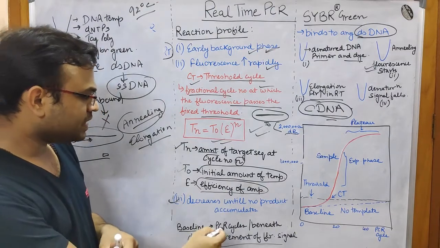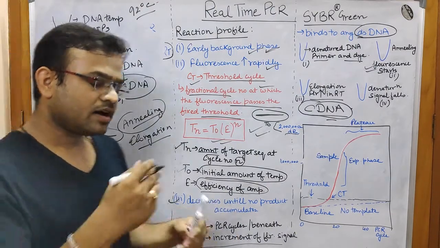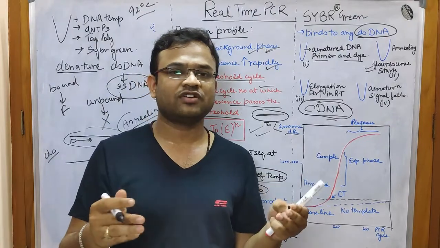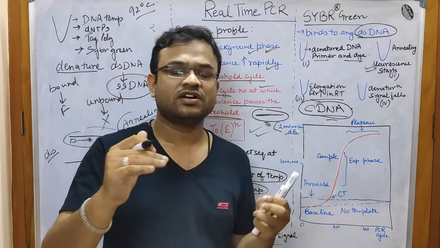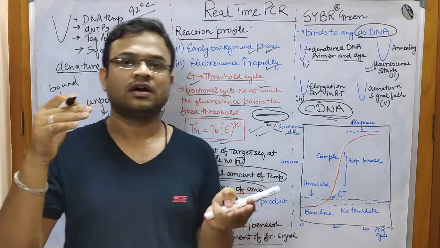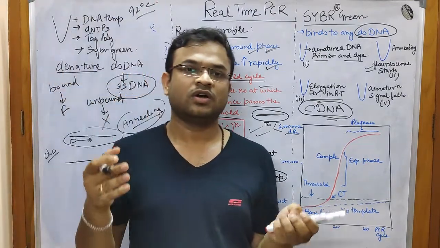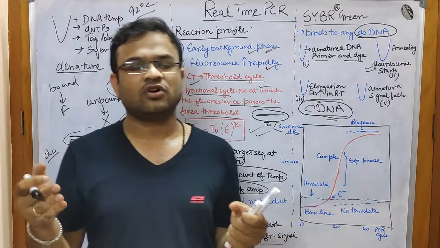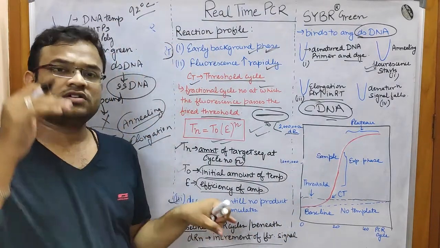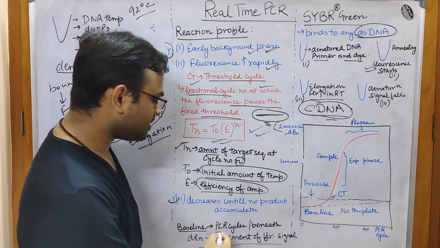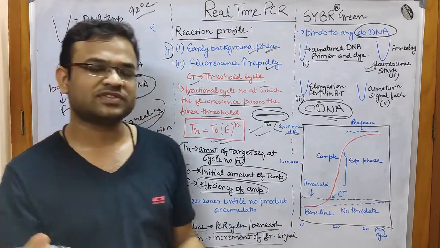And baseline is PCR cycles. Suppose after 5 cycles, the fluorescence has not reached a level that it can be acquired, assessed, or determined. Those number of cycles would come under the baseline only. Okay, suppose 5 cycles, 6 cycles.